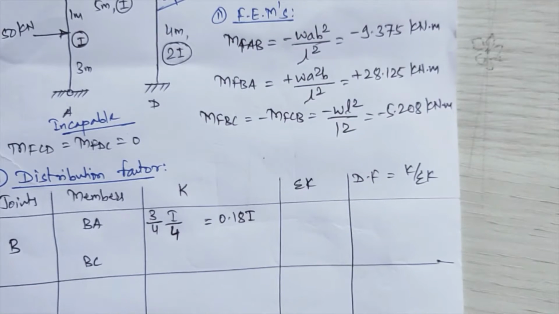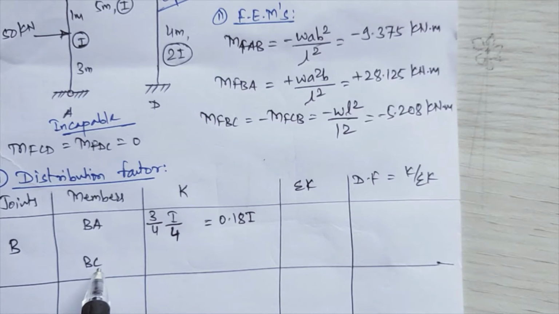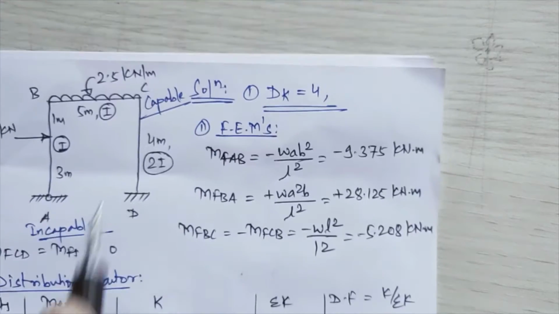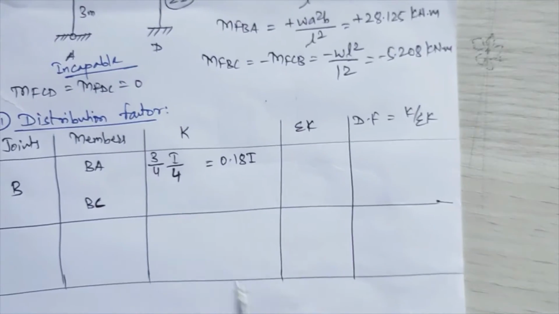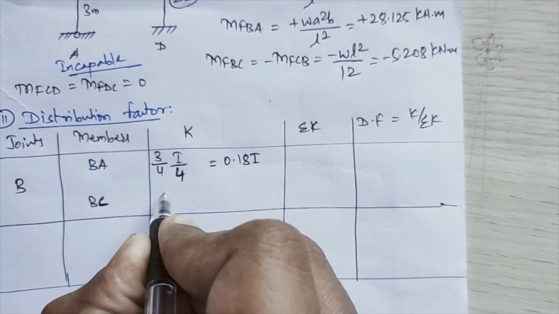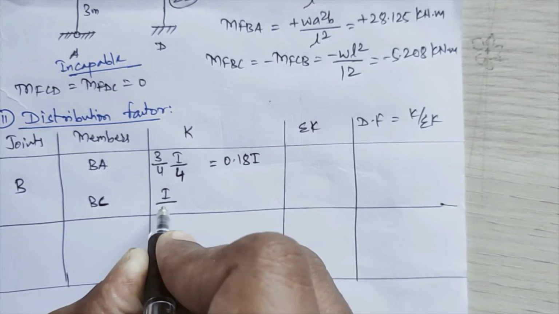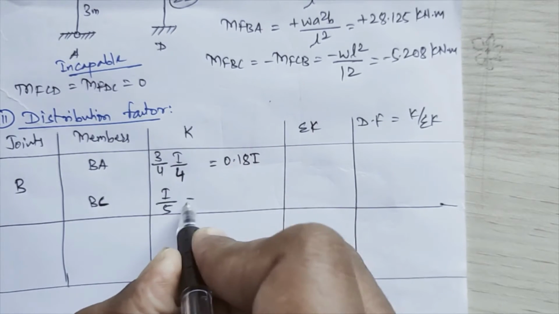Okay, now in the next member, B to C, the moment is getting transferred, so C will be your farther end, which is nothing but a capable support. So for a capable support, your relative stiffness comes equal to I by L. L of BC is 5 and the I value is given as I over there.